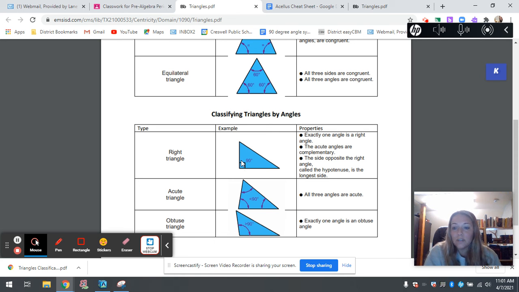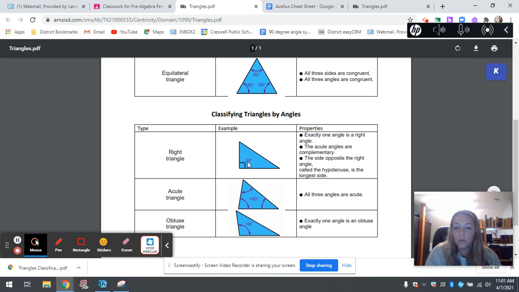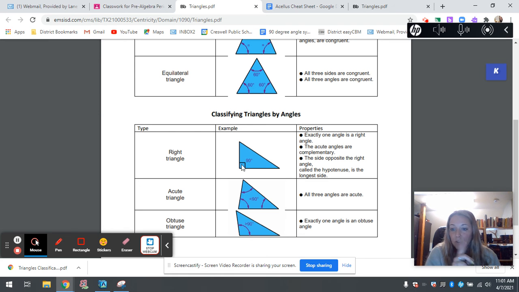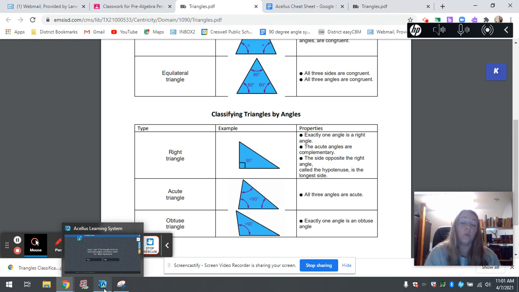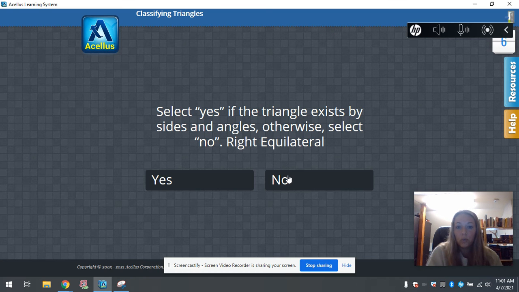So if all angles are equal, there's no way to have a right triangle that is also an equilateral triangle, because if it had one angle that was 90 degrees, the other two angles would have to be 90 degrees, and that sums to more than 180 degrees, which is the total degrees you can have in a triangle. So no.